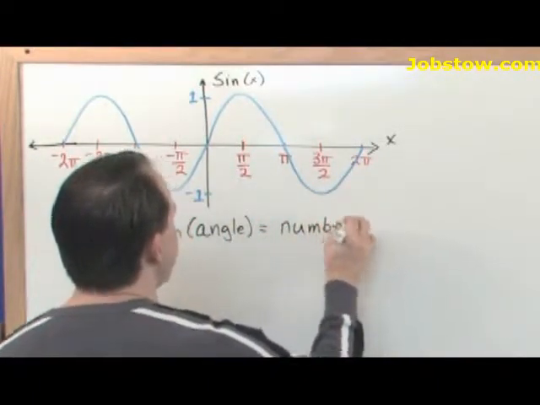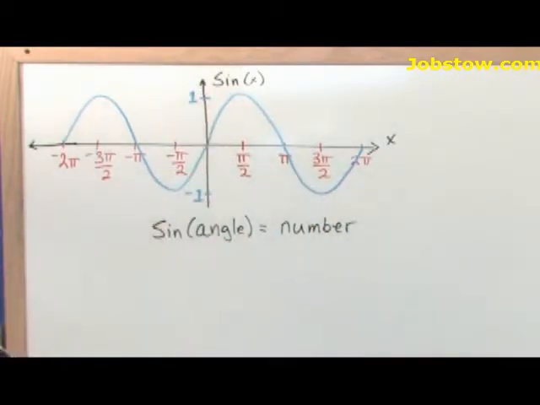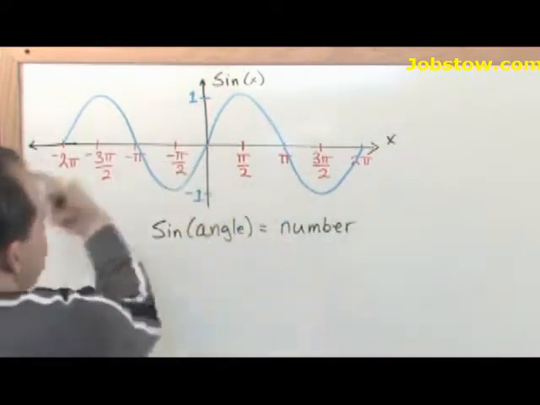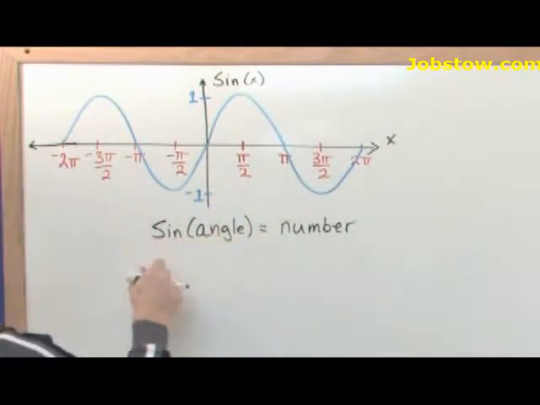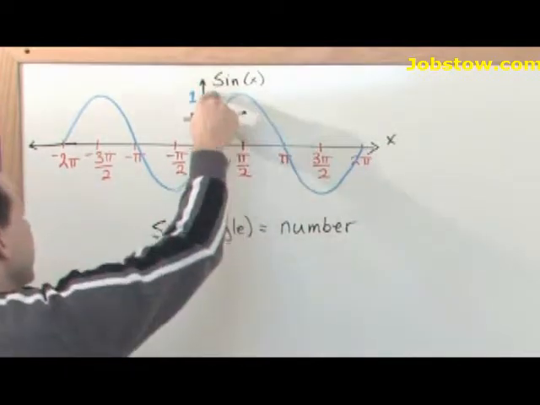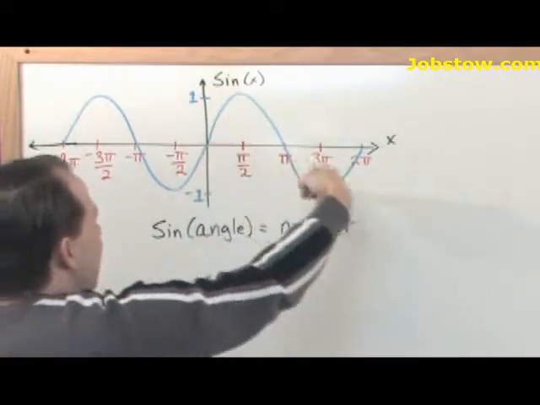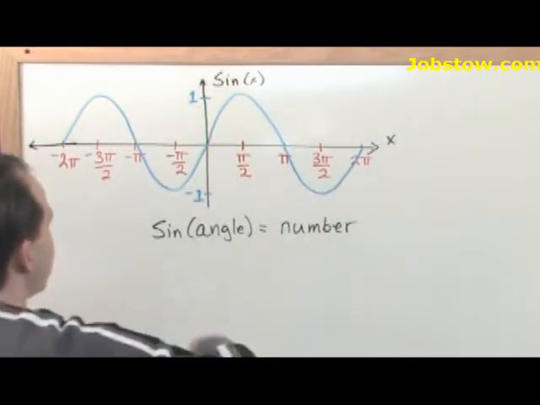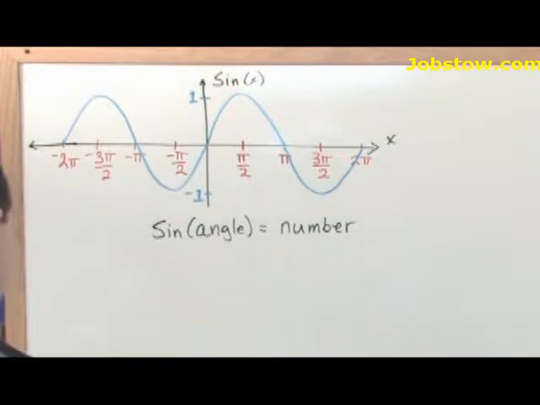This number lies between positive 1 and minus 1, because any angle we put in, even going on to infinity or negative infinity, goes into the sine function and spits out a number always between these. There's repetition here: one cycle of the sine function, then another cycle and another. No matter what angle you put in, you always get something between positive and minus 1.